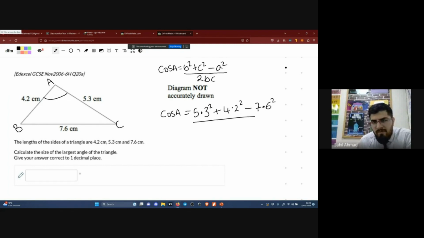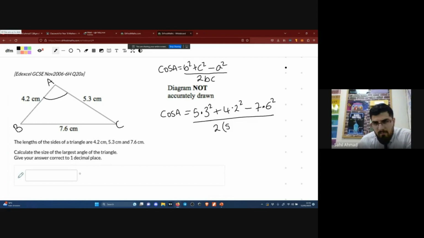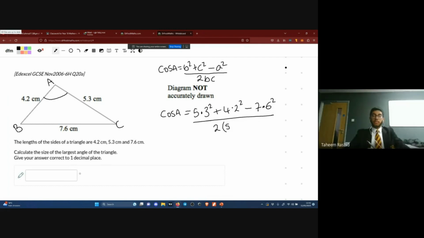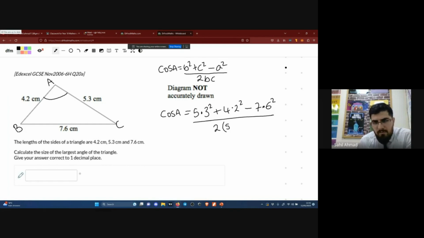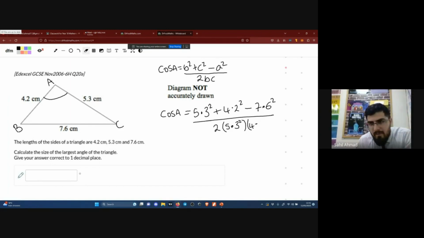Good. And then all divided by what? Yes, 2, and then brackets B, so 5.3, and then C, so 4.2. Sorry, give me a second. Is 5.3 squared? No, not squared. Yes, I apologize. Well done. There we go.